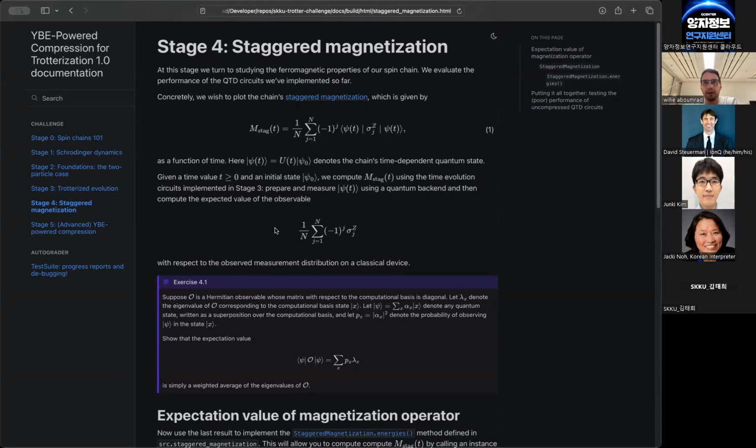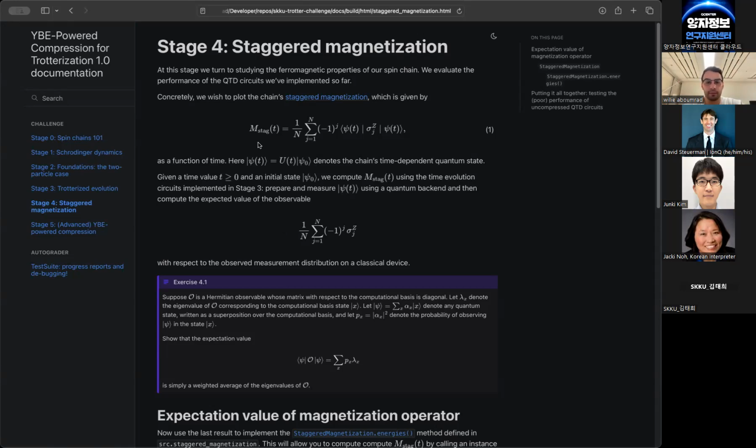It's an interesting application of this calculation, and it will allow us to compute a physical property of the spin chain. In this case, we're going to measure the staggered magnetization, which is essentially how coordinated the spins are, if you will.